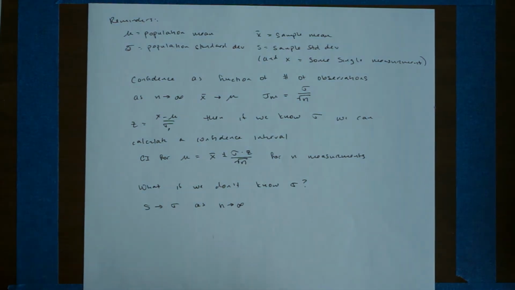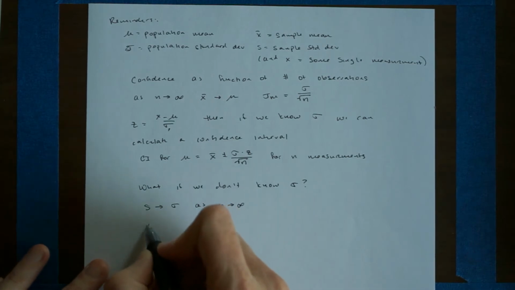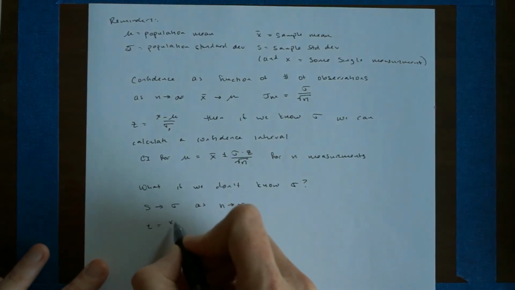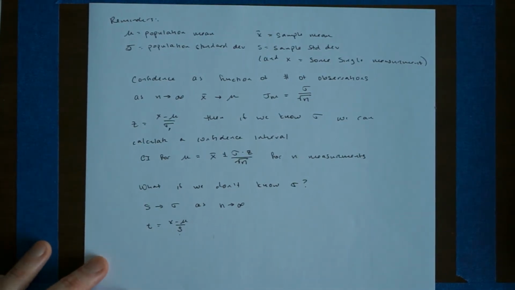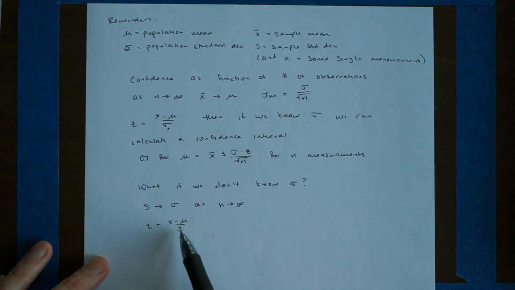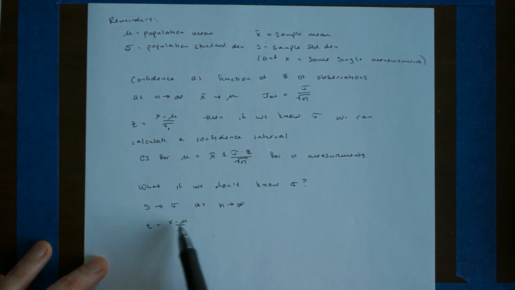So to think about this, we define a new variable called t. And it looks a whole lot like z, except that instead of using sigma, we're using s, which is the standard deviation that we've determined for our sample. So written this way, this t doesn't make much sense because you would have to have made more than one measurement to obtain any values for s.